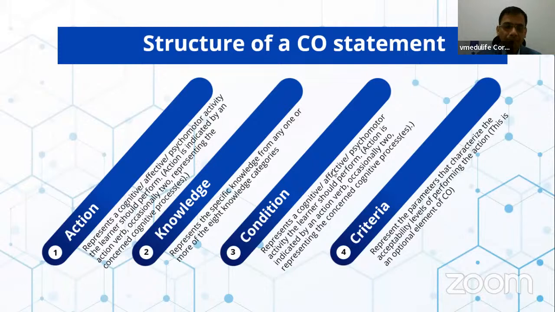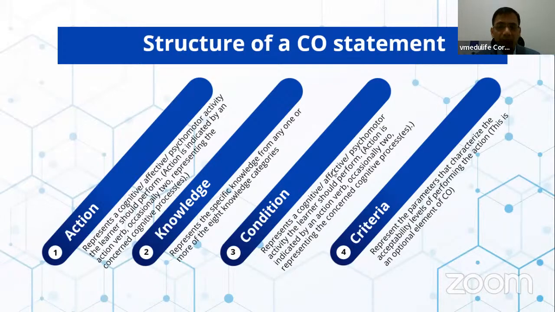So here our statements should compulsorily consist of certain parameters like action, knowledge, condition, and criteria. These are the 4 fundamentals. Action represents the Bloom's level; the Bloom's slide will be coming within a few minutes.